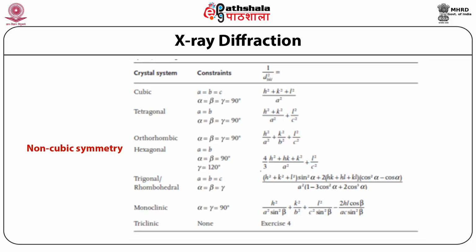Once we have a diffraction pattern recorded using a diffractometer in front of us, and we know which crystal symmetry it belongs to and the lattice constants, then we can index these peaks. Whatever peaks we get in the diffraction pattern, we can index using this formula.